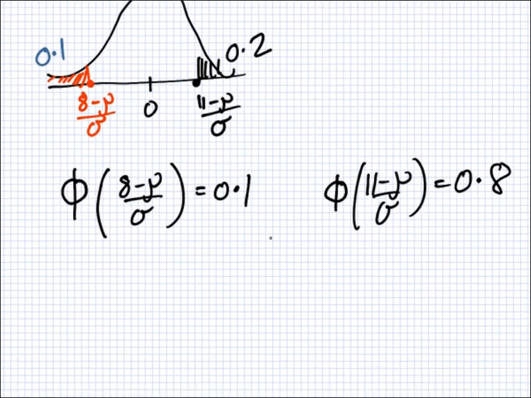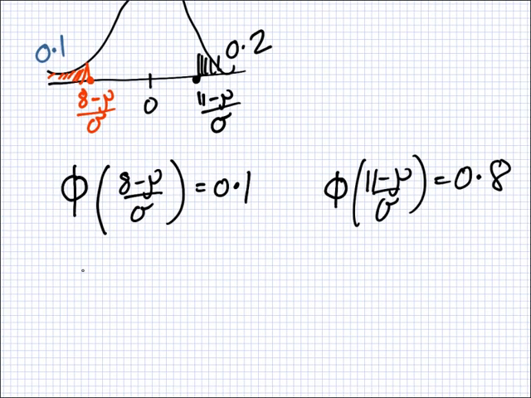Now please check your table book. What value do you need to look up so that you get... So the problem here is 8 minus mu over sigma we know is a negative because it's to the left of 0. So we can fix that by doing 1 minus table book mu minus 8 over sigma should equal 0.1.